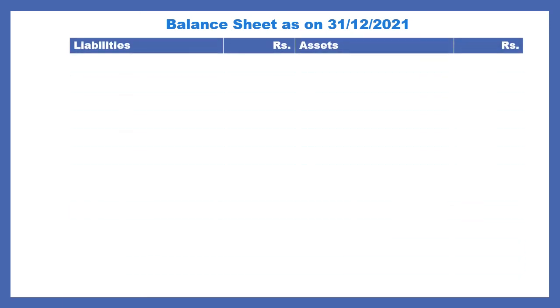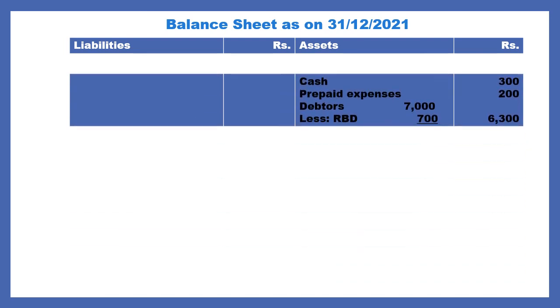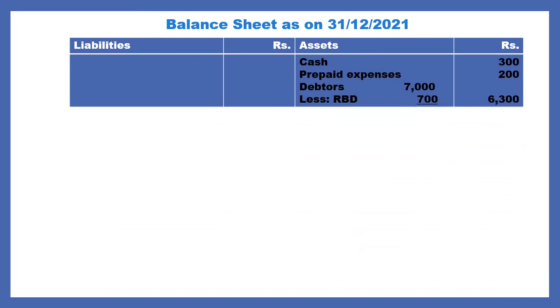So final part of the problem, preparation of balance sheet as on 31st 12/2021. Liabilities, assets. First assets, first one cash 300 rupees as per the problem. Prepaid expenses as per the problem 200.